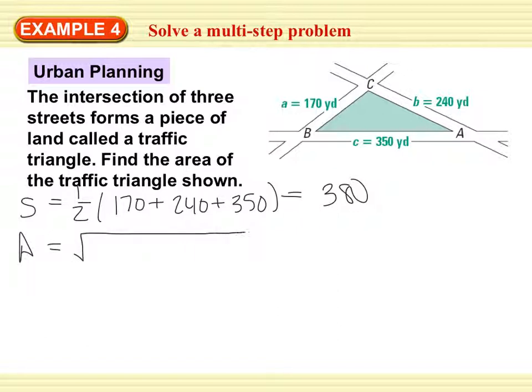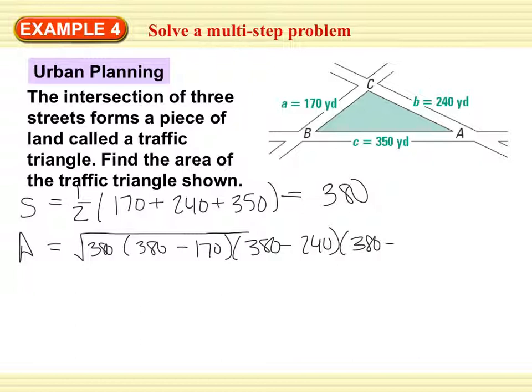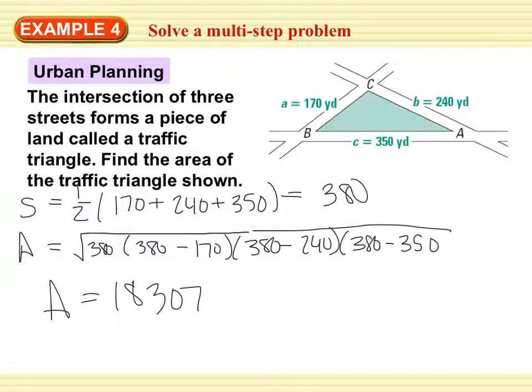Square root of S times S minus A times S minus B times S minus C. All right, let me crunch some numbers. Crunching all of that gives me an area of about 18,307 square yards.